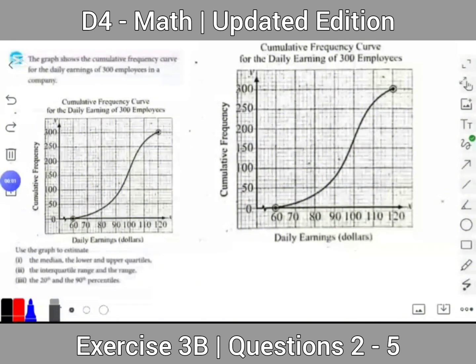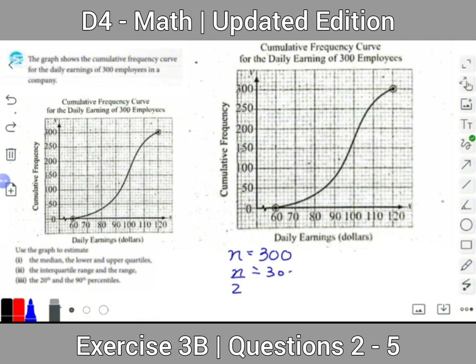Now here we have the total frequency n is equal to 300, since it's already given in the question. Now to estimate the median from a cumulative frequency curve, we find the position of the median by using n by 2. So here we have n by 2 is equal to 300 divided by 2, and that will be equal to 150.